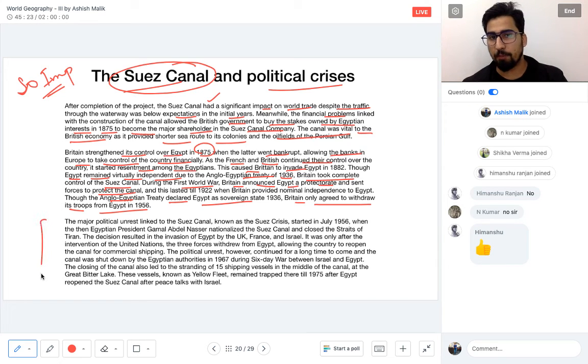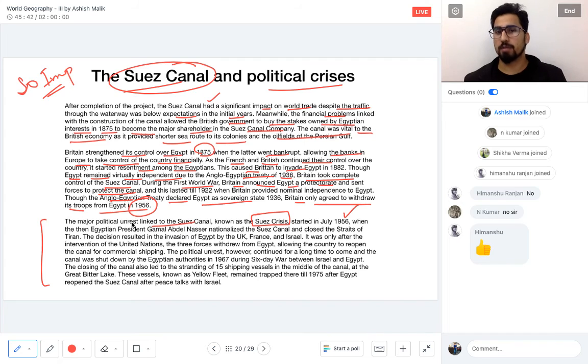But the major political unrest linked to the Suez Canal, very commonly known as the Suez Crisis, actually started in July 1956, after the withdrawal of the British from that area, because British forces went back in 1956.